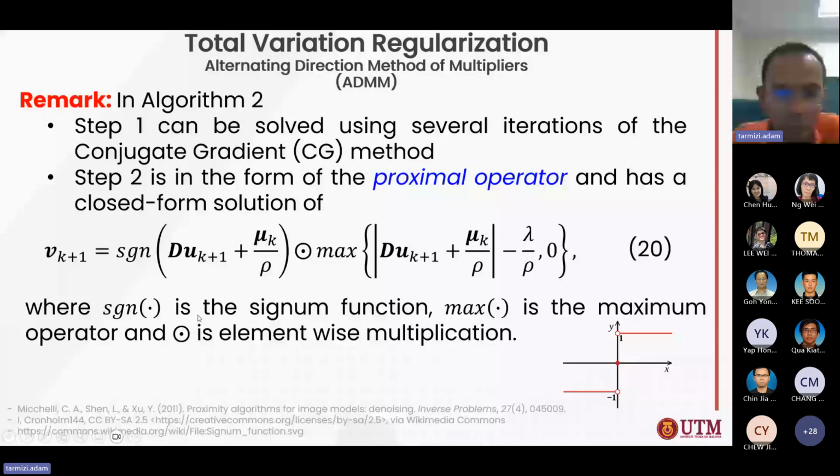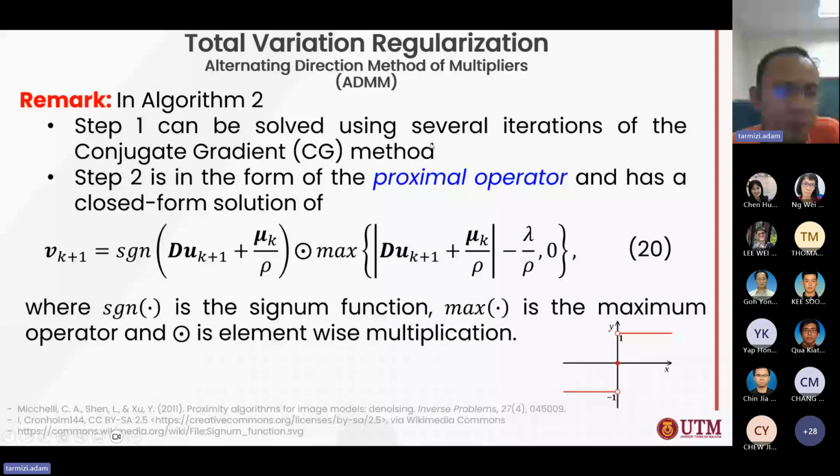So the first step, which is the linear system, usually people will solve it using several iterations of the conjugate gradient method. If we assume periodic boundary conditions for the image, sometimes people will solve the linear system in the Fourier domain by using 2D Fourier transforms.